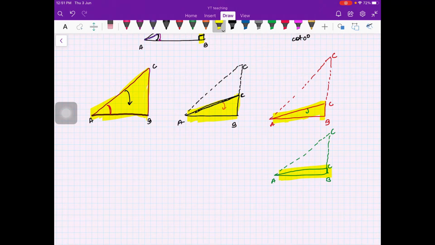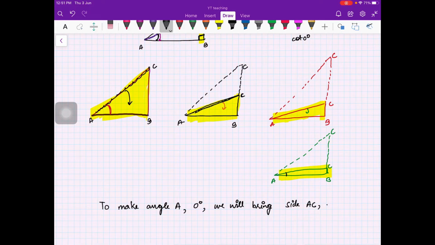In this way you will make your angle 0. So to make angle A 0 degree, we will bring side AC closer to side AB in the above manner.